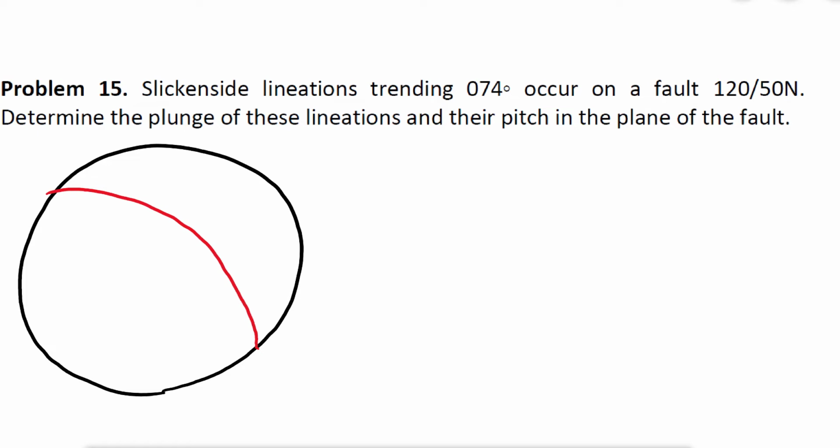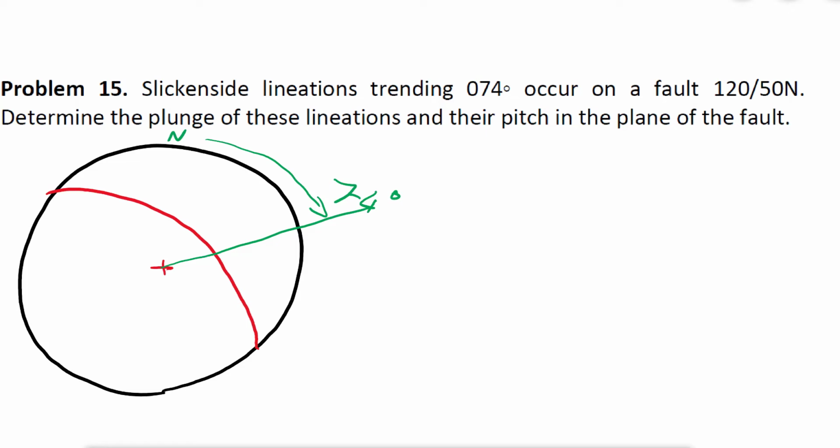So let's say this is the center of my stereonet, and from the north I can go 74 degrees clockwise, and I can draw a line on the stereonet. And here we have the slickenline and we have the plane.